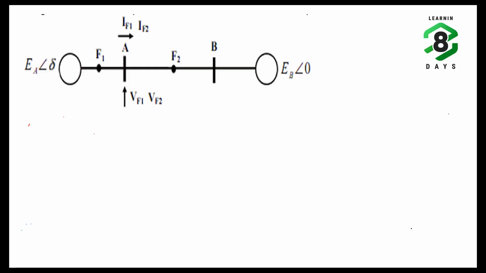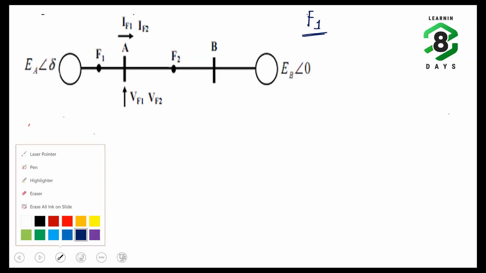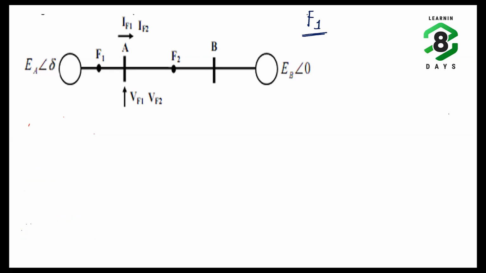Now, if the fault is occurring at F1, it is a critical case. If the fault occurs at F1, tell me how the fault current will flow. The fault current from source 1 will be flowing directly into this one. The fault current from source 2 will be flowing in this fashion.